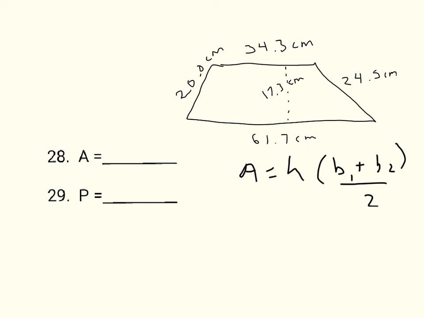So it would look like 17.3 times 61.7 plus 34.3 divided by 2. And when you punch that all in, that's the area.